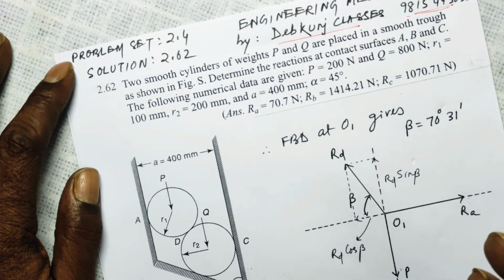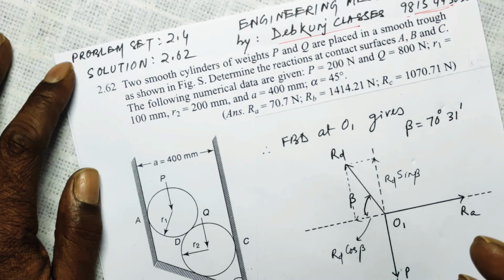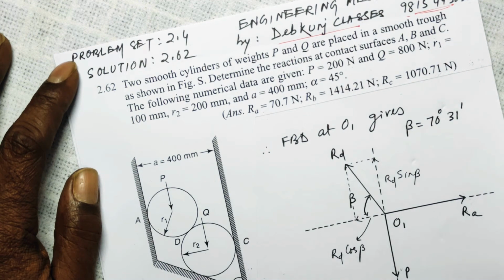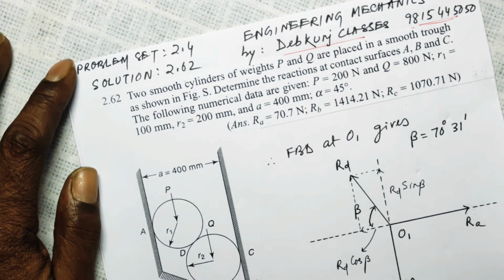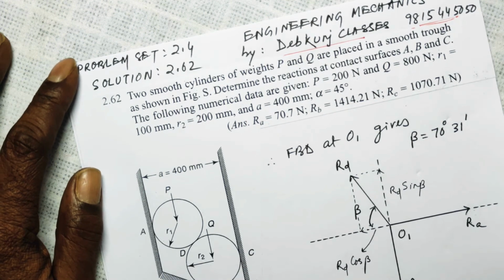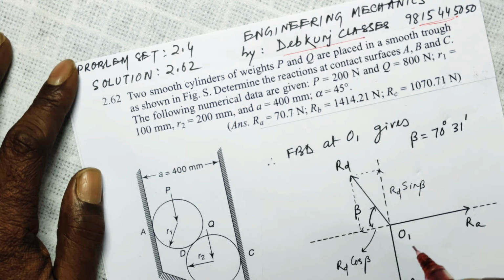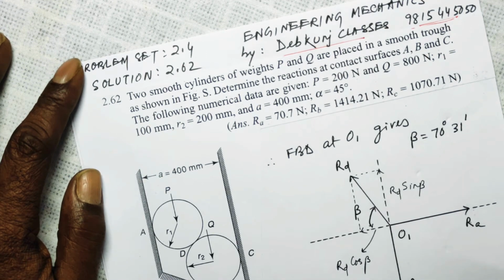If some of them are not exactly along y-axis or x-axis, you are required to find their projections on x-axis and y-axis and apply sigma x equal to 0 and sigma y equal to 0 for the condition of equilibrium.